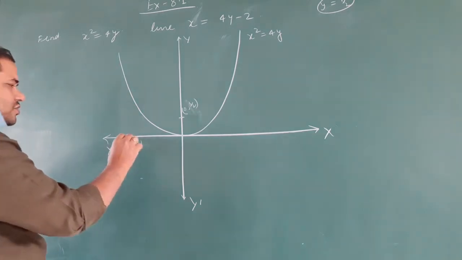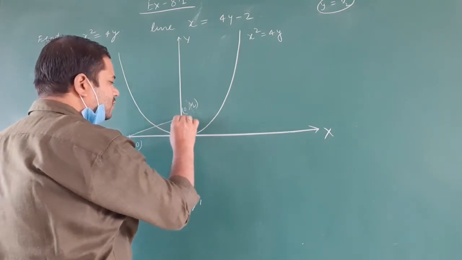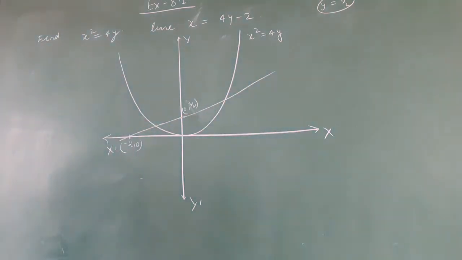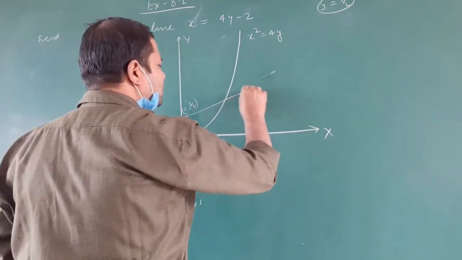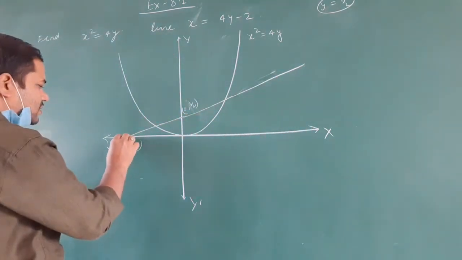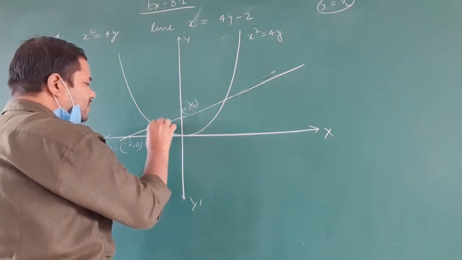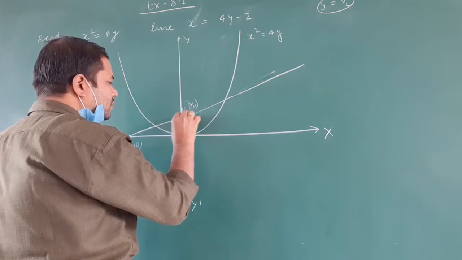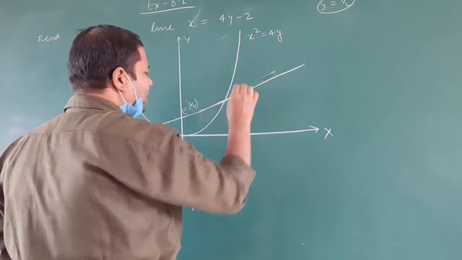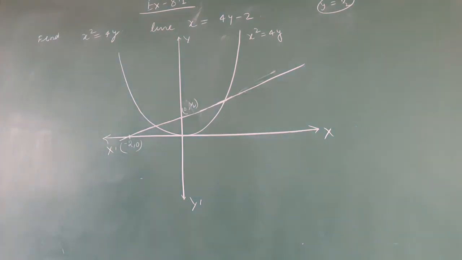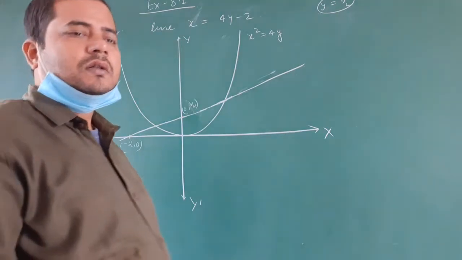Now join these 2 points, and you will get the area bounded in this region. So we need to find the area bounded between the curve and the line.